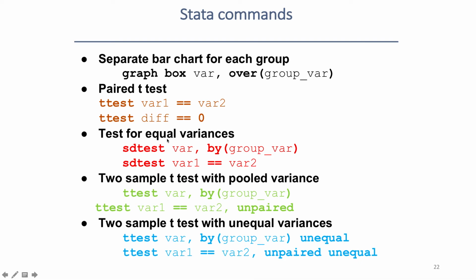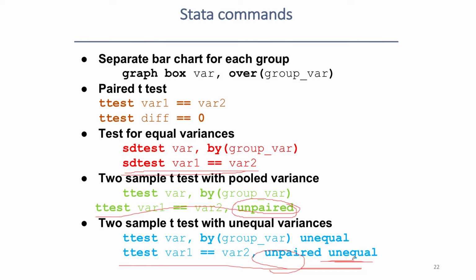And then this one is for the variance. You are testing like this. What we're using today is actually this kind of command, but I will explain what this one is later. And this is the t-test. See, this one is unpaired, and this one also says unpaired. The difference between these two is this one is unequal.